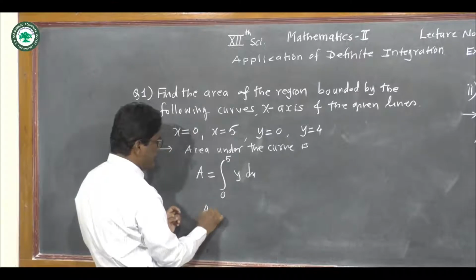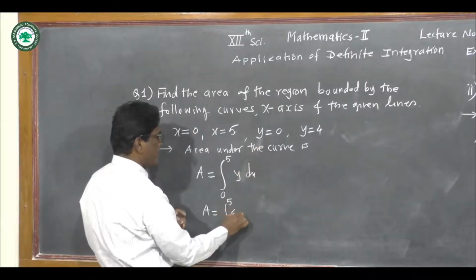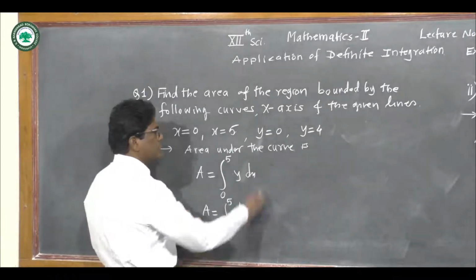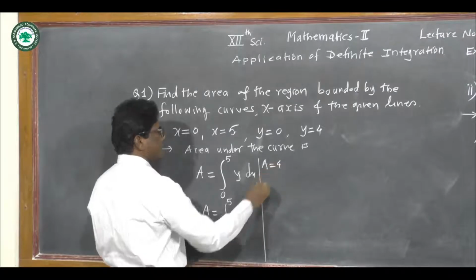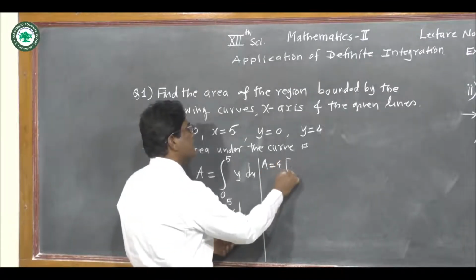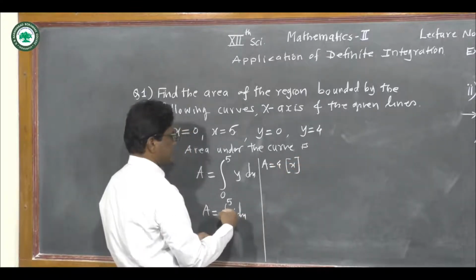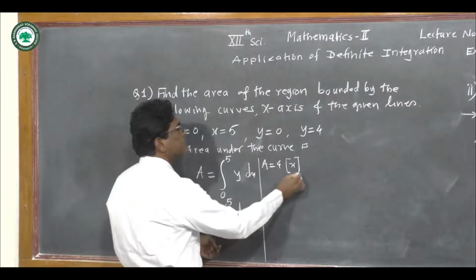Therefore we get A is equal to integration 0 to 5 of 4 dx. So take 4 outside the integral, and integration of 1 dx is x, from 0 to 5.